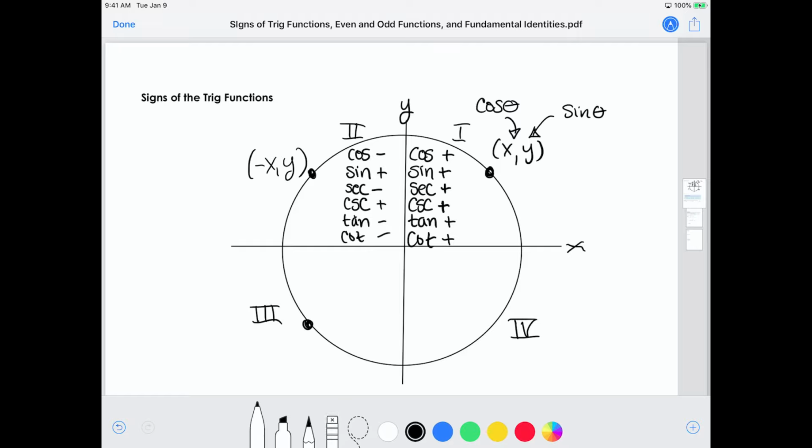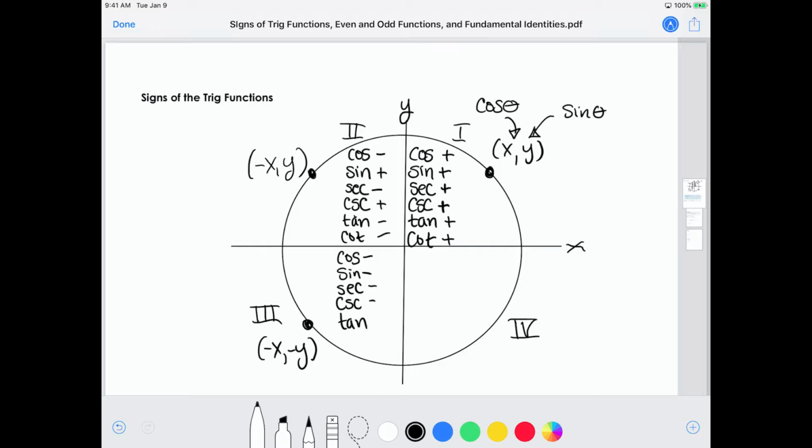If I'm looking at a point in the third quadrant, both x and y are going to be negative. So that means cosine and sine are going to be negative. Because cosine and sine have reciprocals that are secant and cosecant, both of their reciprocals are also going to be negative, because when I take the reciprocal of a negative number, it is also negative.